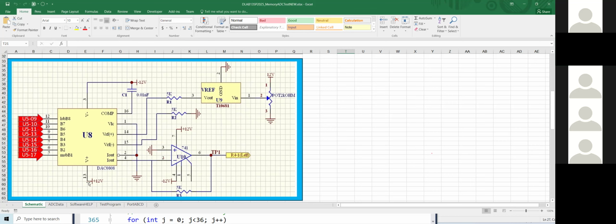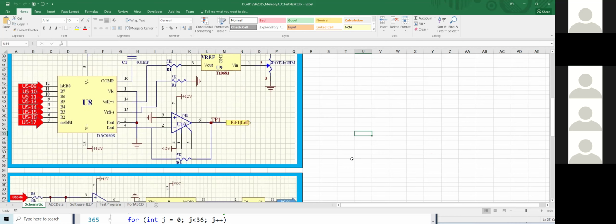I take pin 13, plus 12 volt. Okay? And also, when you take U10, pin 3, ground, okay? Pin 6 is supposed to be 10 volt. Pin 7, plus 12 volt. Pin number 4, minus 12 volt.